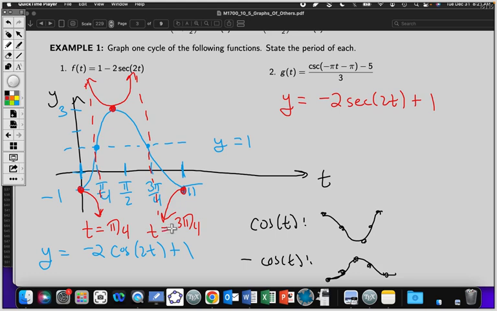Okay? And just for example, as we come into pi over 4 from the left, look at what's happening. The cosine values are getting close to 0, but 0 from the positive direction.